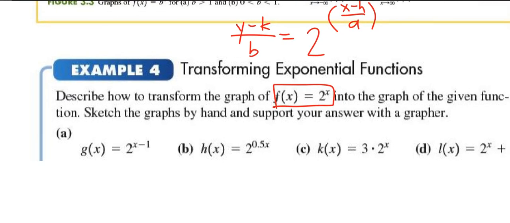What would you say is going on with letter A? You've got to use words like shifting left, right, up, down, stretching, shrinking, vertical stretch, horizontal stretch, reflection. What do you got for me? This is right 1 unit. I didn't have to do anything because it already was in the form I needed.